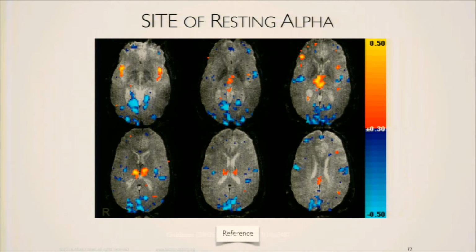And you can see now that, in fact, there are regions of the brain which very specifically increase signal intensity when alpha goes up or decrease signal intensity when alpha goes up. I show you this in part because I find it fascinating, but in part because it's also sort of linking this idea that the local electrical properties of the neurons can be proven to be associated with the BOLD response.